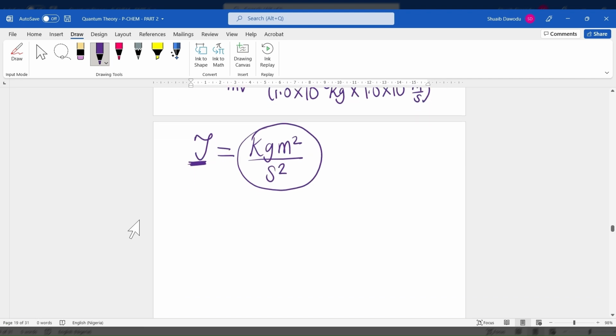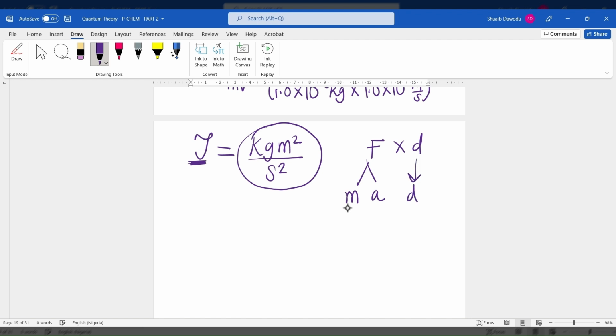And in order for you to be sure what I'm doing is right, remember, joules is the unit for energy, and energy is simply force times distance, and force is mass times acceleration. So mass, which has the SI unit of kilograms, acceleration, which has the SI unit of meters per second squared, and distance, which has the SI unit of meters, end up becoming kilogram meter squared per second squared.